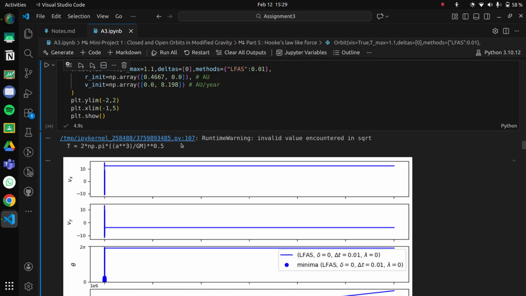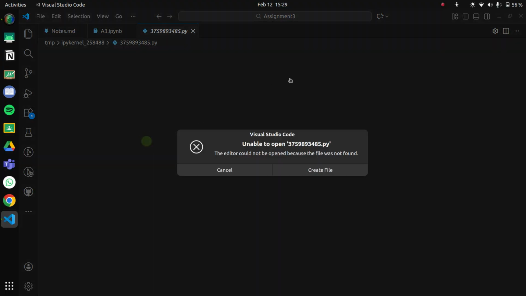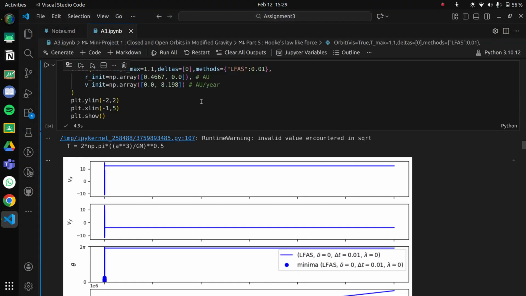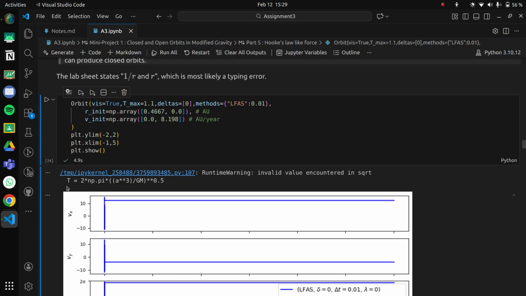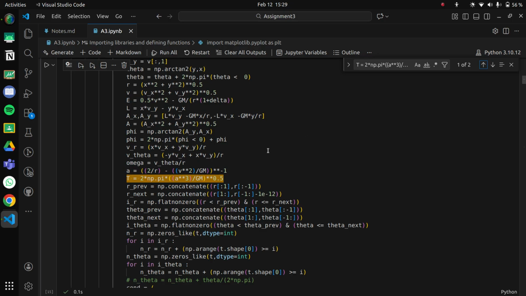So 107, huh? Okay, cancel this. Apparently it's this line, right? So t equal to 2 pi something. I'm just gonna copy that and then gonna find the thing. So this is where the thing is.